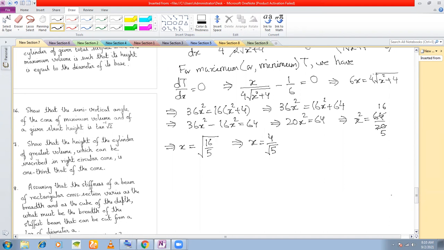Okay. Now once we have got x, at x is equal to this, the time taken will be either minimum or maximum. Now let's check whether it will be minimum or maximum. That means we now find out the second derivative.